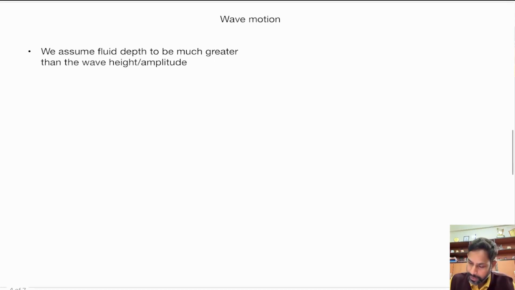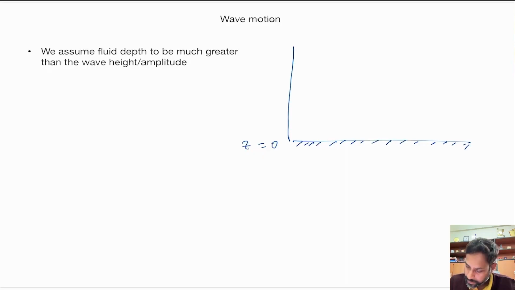Okay, so we will assume that this is the bottom where z is equal to 0, and we will consider that this is the x axis, this is the z axis, and we have this is the water level.